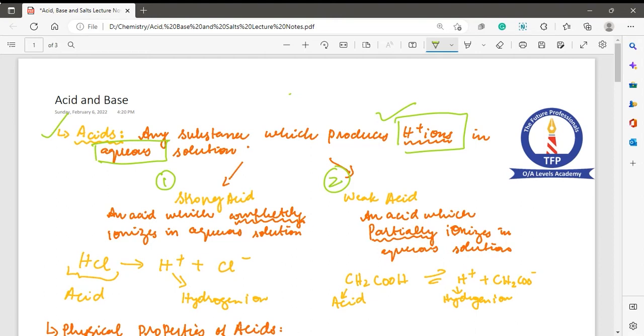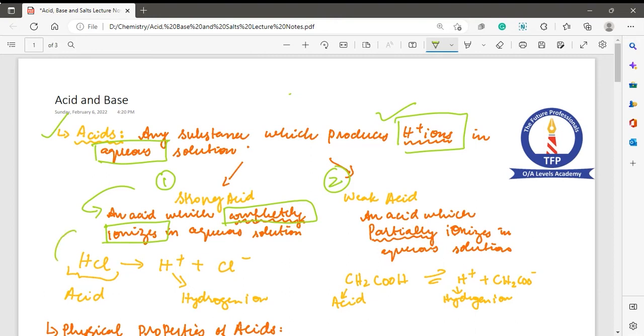According to the definition, a strong acid is an acid which completely ionizes in the aqueous medium. If a substance completely splits into its ions and produces H positive ions, such a substance is known as a strong acid.